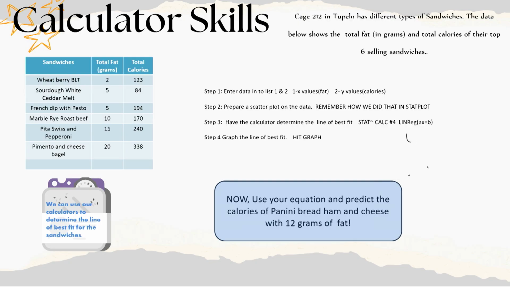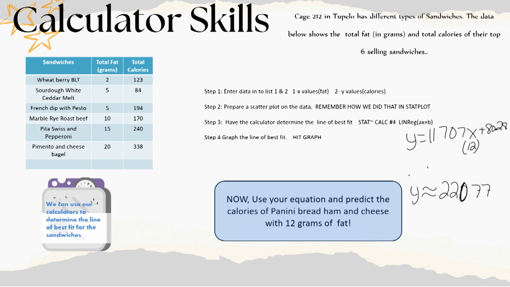I have y equals 11.707x plus 80.28. Let's make sure we have that decimal. Now I want to know about 12 grams of fat. So I am going to replace that x with my 12, plug that into my calculator, which is a straight calculator skill, and I'm getting about 220.77. I did put about because I did round.